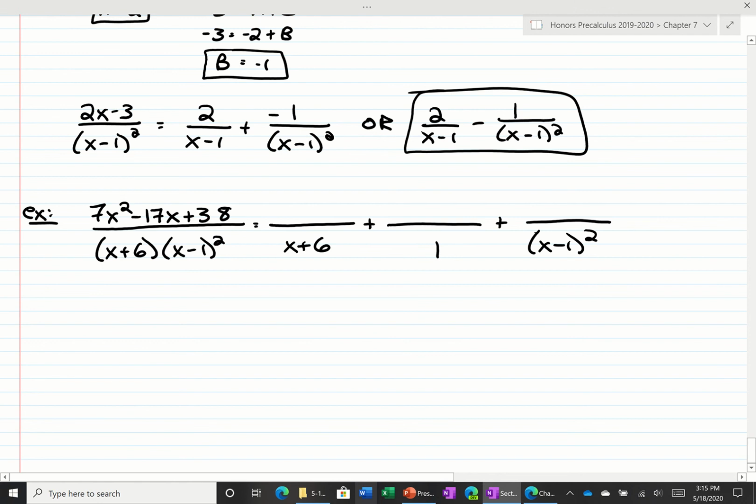That'll take care of the repeated factor. On top, the denominator is linear, and we're just looking at the x minus 1 to determine that the top would be c. So we'll multiply everything by the least common denominator, which would be x plus 6 times x minus 1 squared.